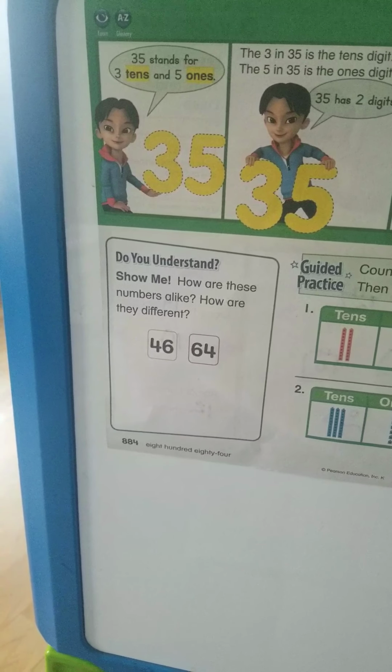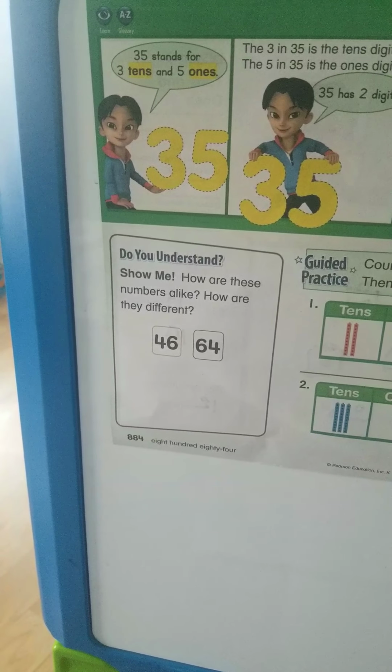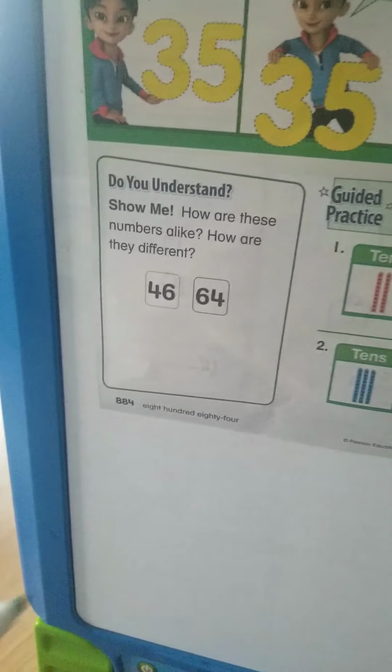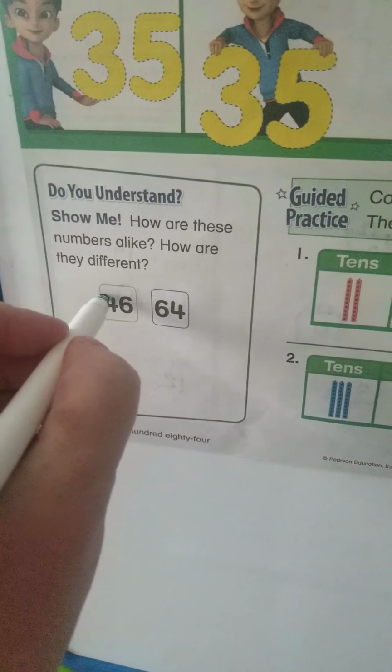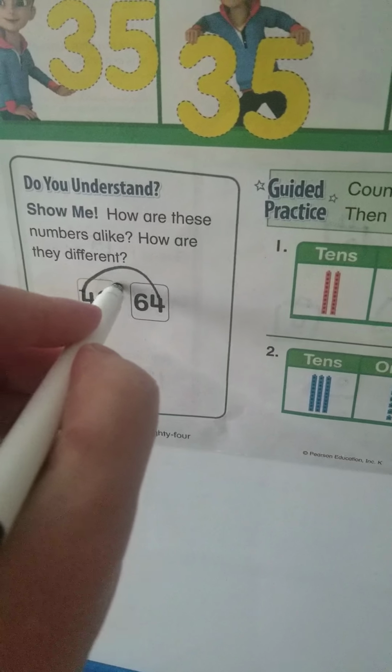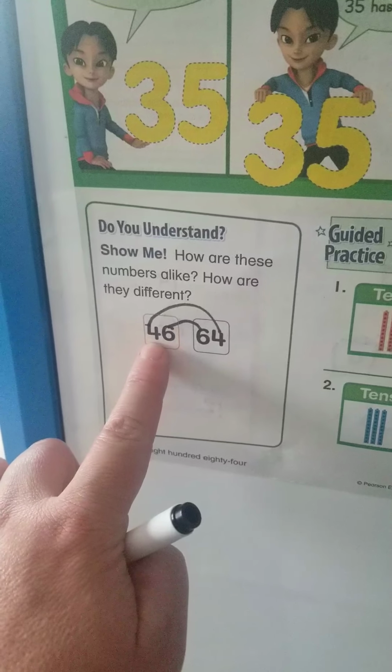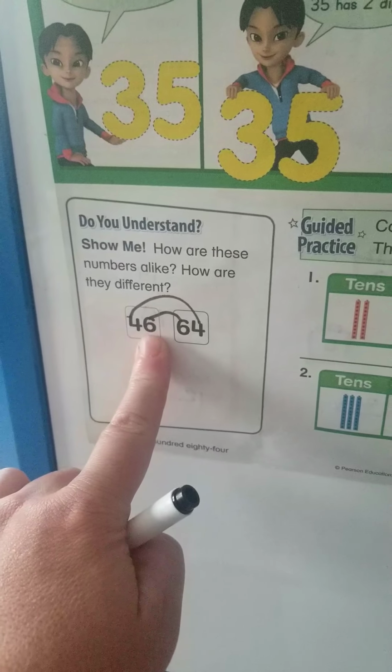That's not so bad. Show me, how are these numbers alike and how are they different? How are they alike? Well, they use the same numbers, right? 4 is the same, and there's a 6 in each number. They're just in different places. In this number, the 4 is in the tens place and the 6 is in the ones place.